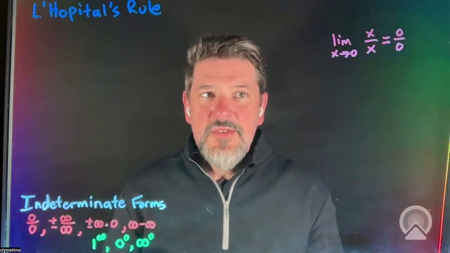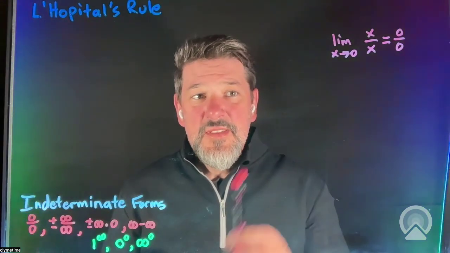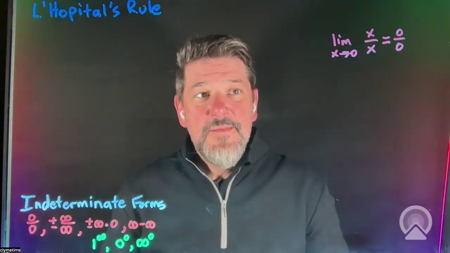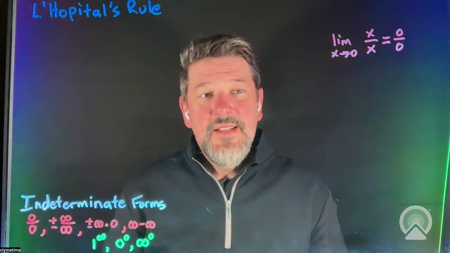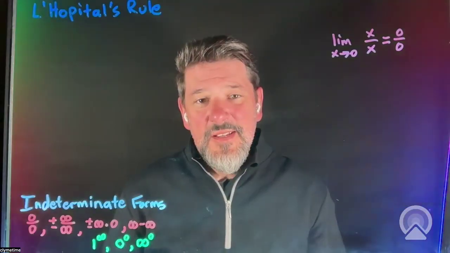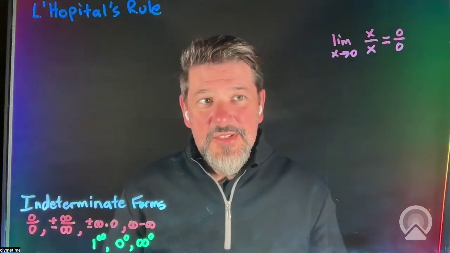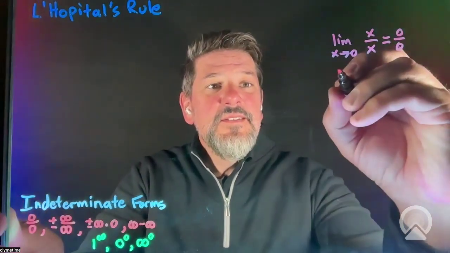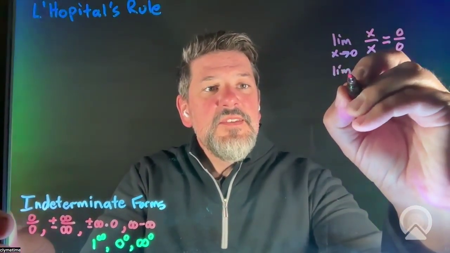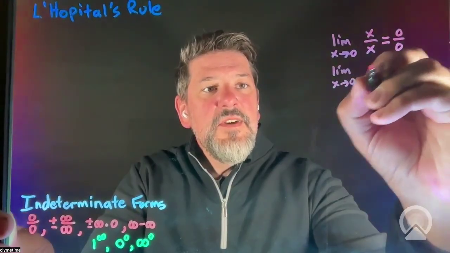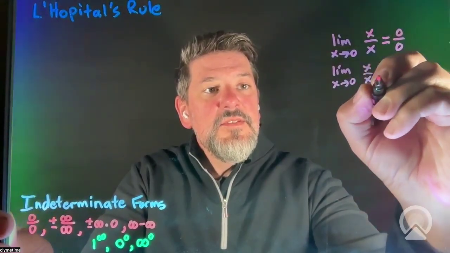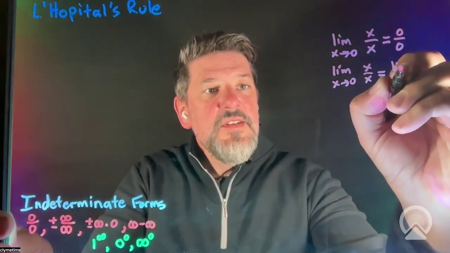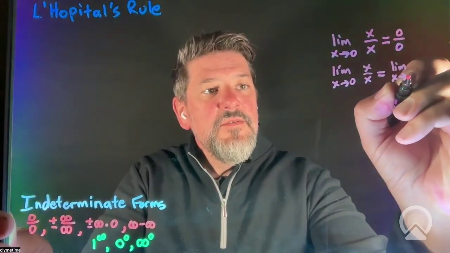And I'm going to look at why that's true by looking at this problem right here, x over x. Well, we know that if I divide x over x, I'll get a similar function, which is the limit as x approaches 0 of 1. The limit as x approaches 0 of x over x is equal to the limit as x approaches 0 of 1.